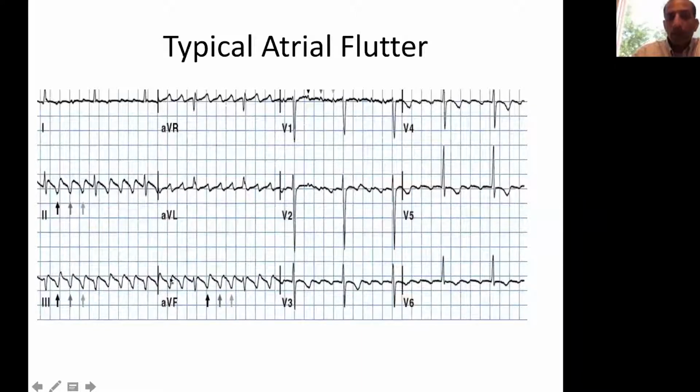That you guys should be able to diagnose. And when you see this, you would need to call your cardiologist because the treatment involves a few different things. But this is an arrhythmia that is curable by catheter ablation, if you get the right people involved.